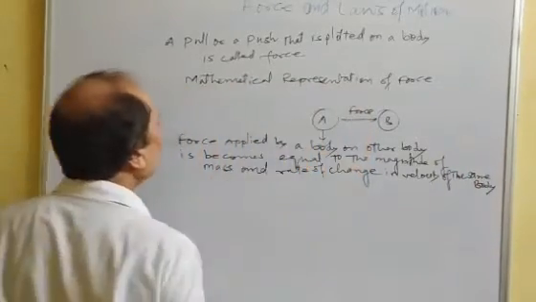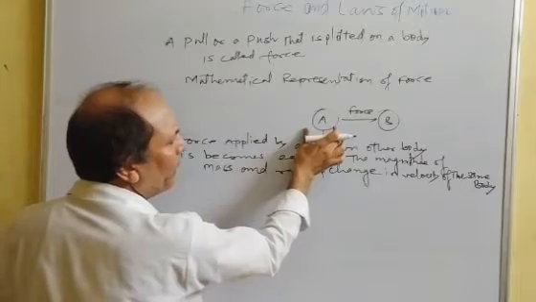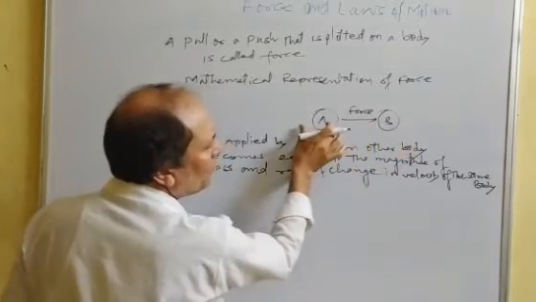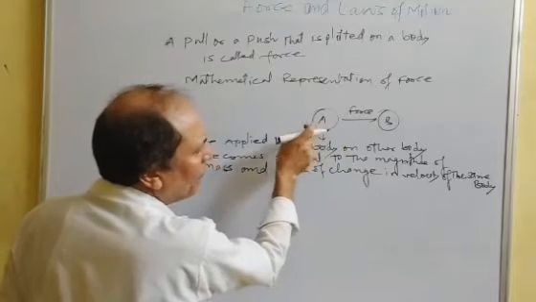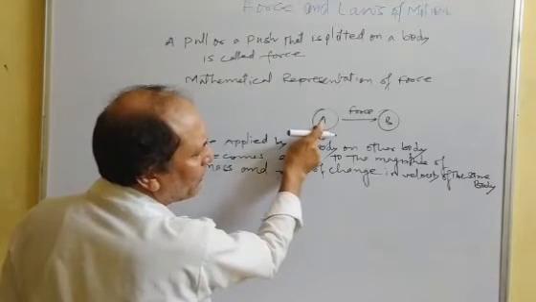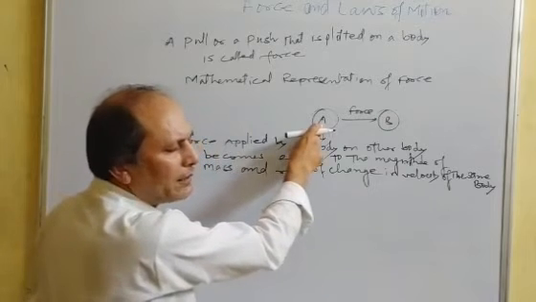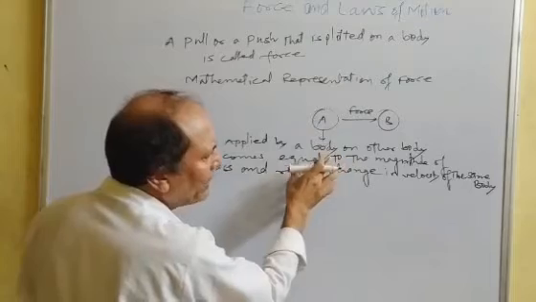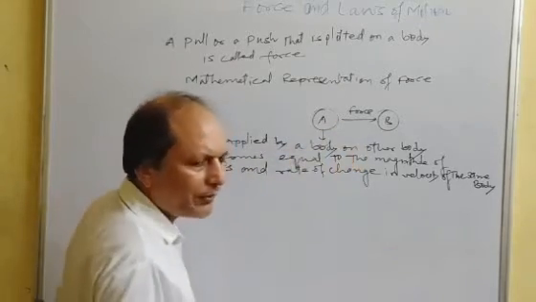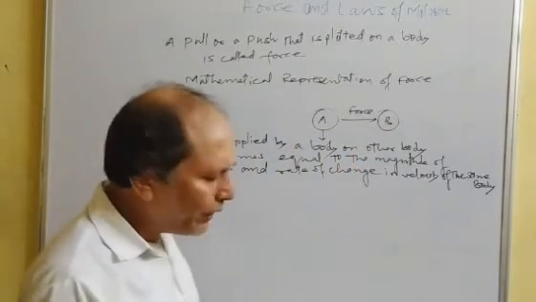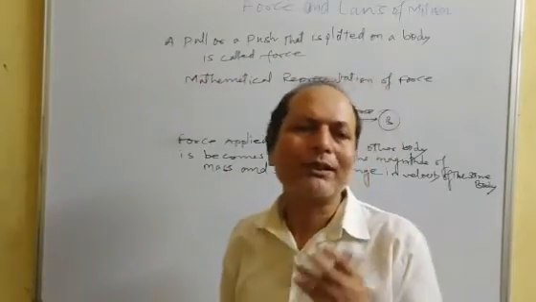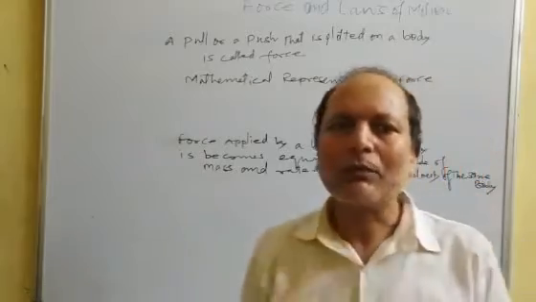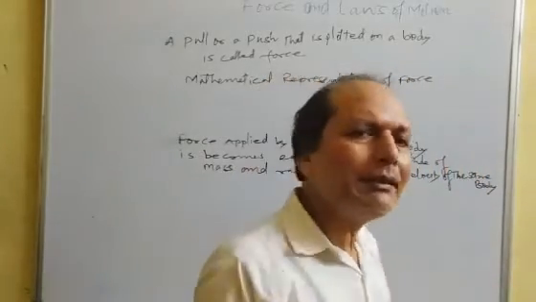Suppose body A applies force on body B. So the force applied by body A will be equal to the magnitude of the mass of body A and the rate of change of velocity of body A. That takes place surely if A strikes with B. If a body strikes with another body, it is certain that its velocity will change, and this change will take place at a particular rate.